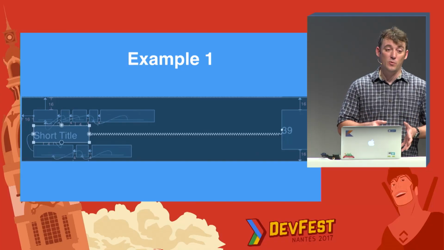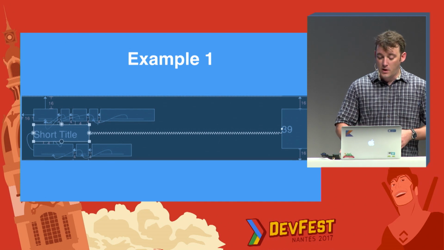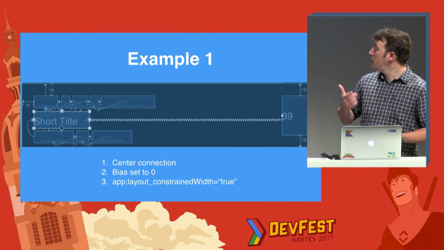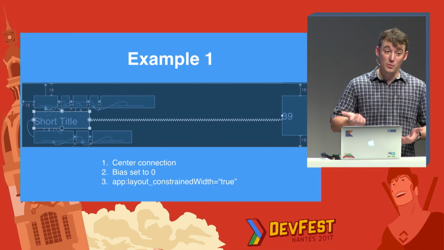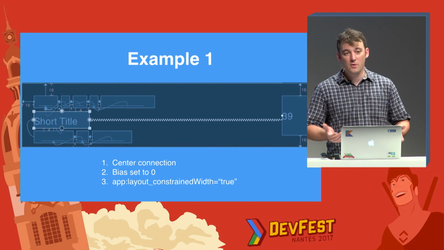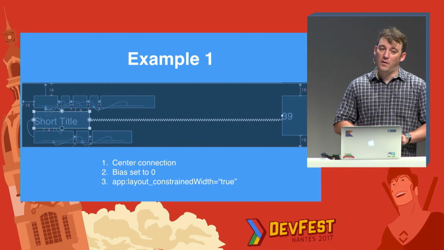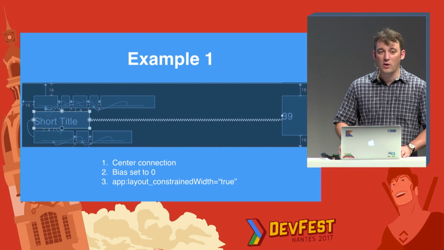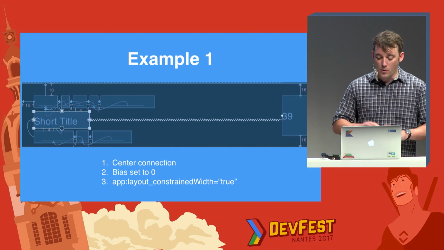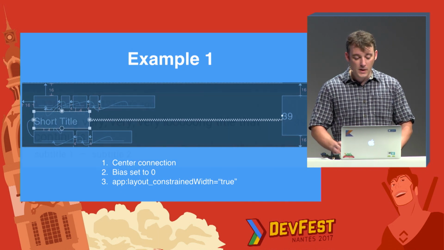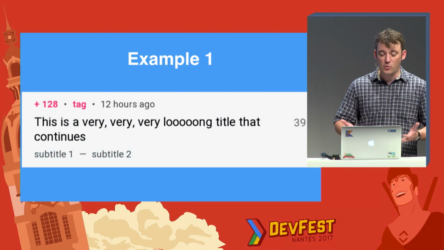Now the recommended way is you keep things as wrap content for your title, but you add layout_constraintWidth_equal true. What that means is that, sure, we'll ask the widget to be wrap content, but at the same time we say, just make sure that you're not going to overrule some constraints. And that works really well. Everything's going to wrap correctly.